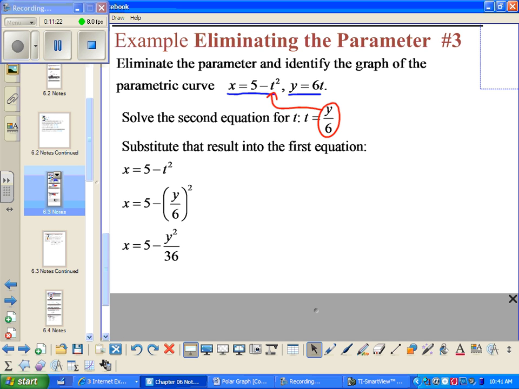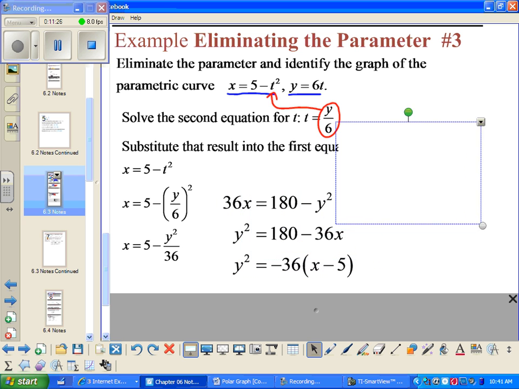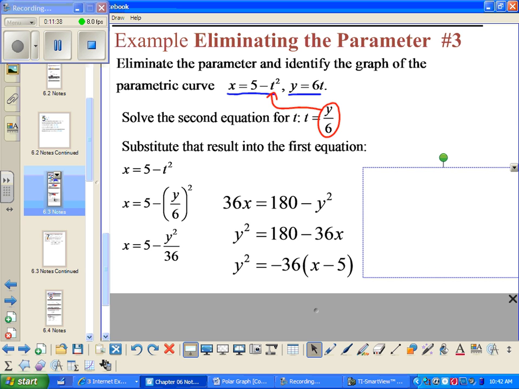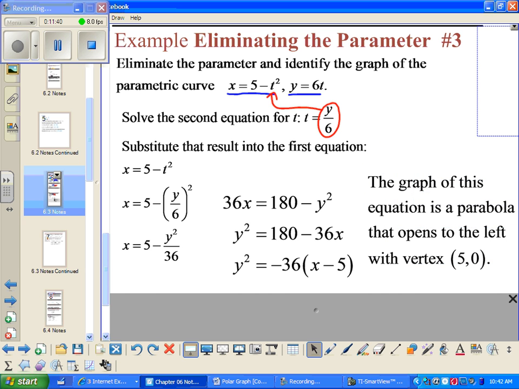Well, now I can isolate the y squared value in this case, and I get y squared equals negative 36 times quantity x minus 5. Well, that tells me I have a parabola, a graph of a parabola that opens to the left and has the vertex of 5, 0.